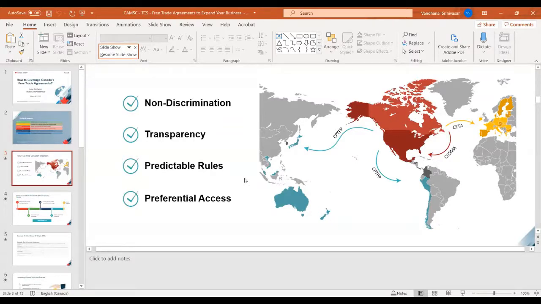Another example I want to bring in is also CETA, with Europe. CETA came into effect in September 2017. But less than a year later, Europe introduced a data protection regulation.